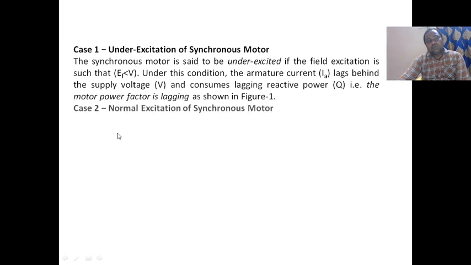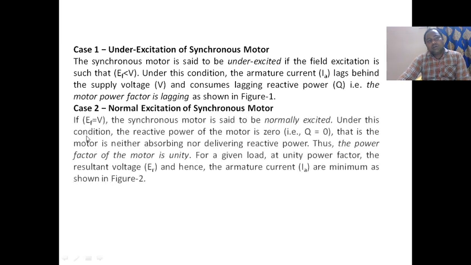Case 2, normal excitation of synchronous motor. If EF is equal to V, the synchronous motor is said to be normally excited. Under this condition, the reactive power of the motor is 0, that is, the motor is neither absorbing nor delivering reactive power. Thus the power factor of the motor is unity.